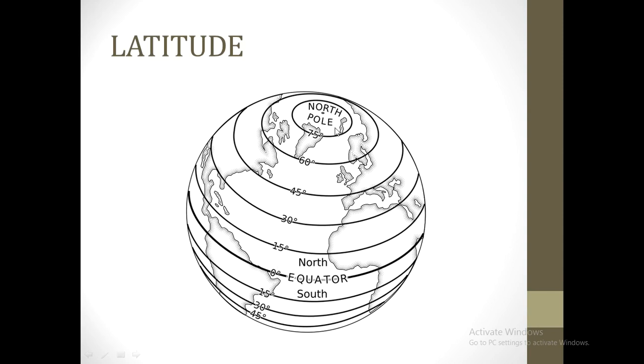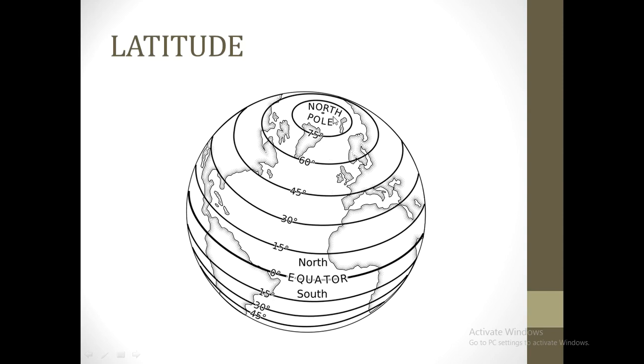The equator is the longest of all the latitudes. Other latitudes gradually decrease in size when one goes north or south from the equator, and they are only points at the poles.